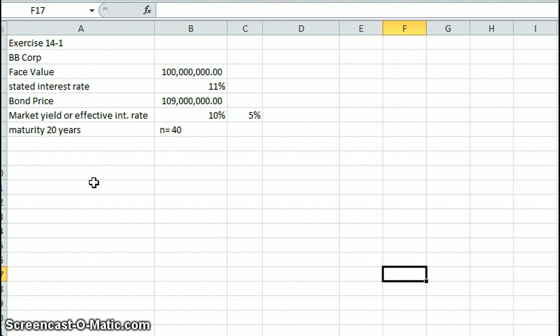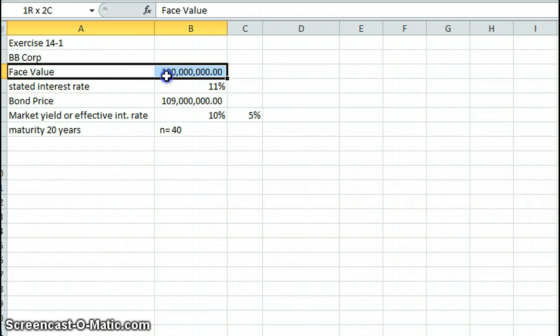So as I said, we're going to try and value a bond with the market price of a bond. And there's two pieces to this. We have to find the present value of the principal payment. So at the end of 20 years for this bond, our maturity is 20 years, BB Corp will pay the investor $100 million. So you have to find the present value for that payment. And then we also have a stated interest rate.